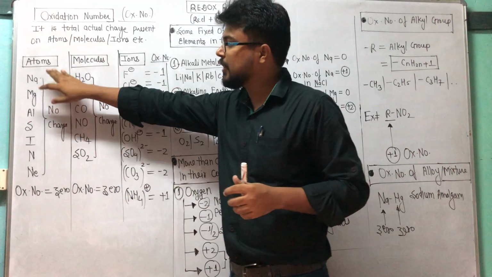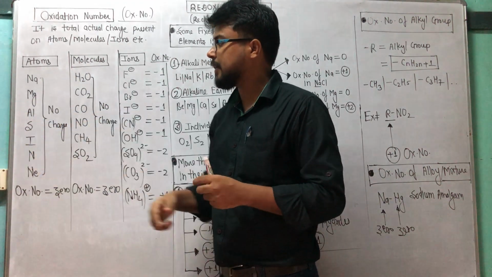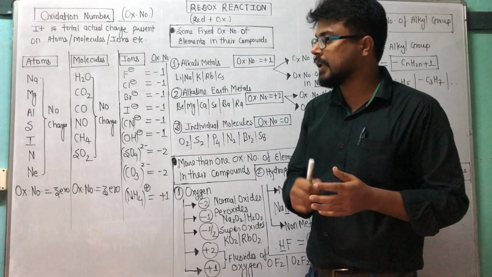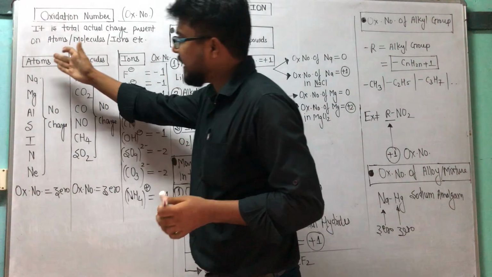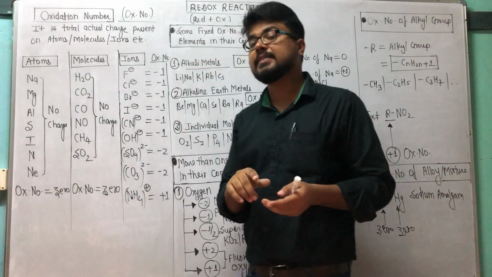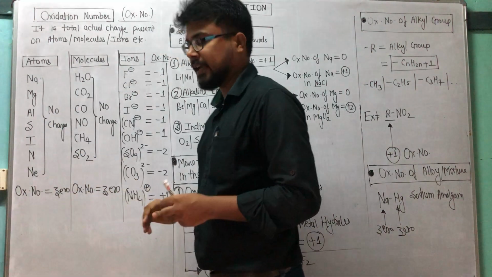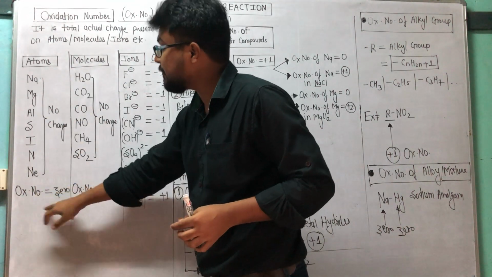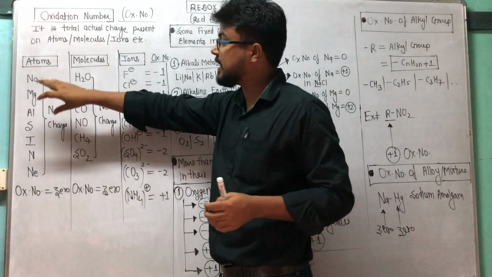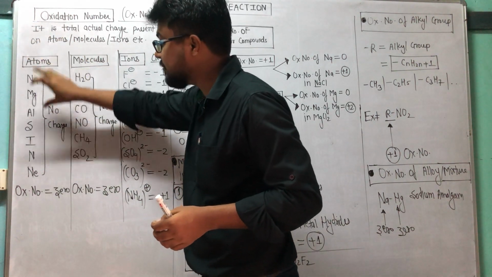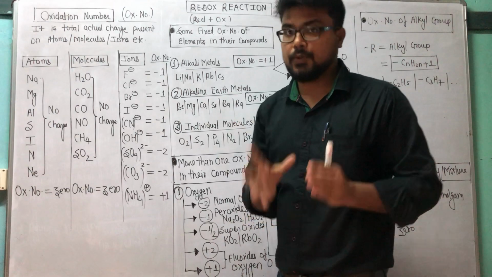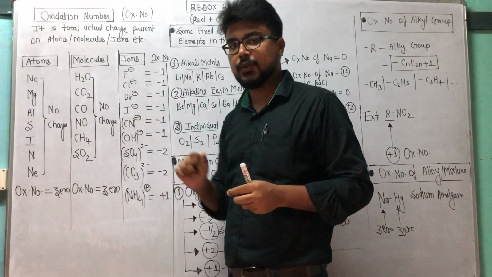So atoms: sodium, magnesium, aluminium, sulfur, iodine, nitrogen and neon. Is there any charge? The answer is no, neither cation nor anion. So the ox number of atoms is 0 because of no charge.